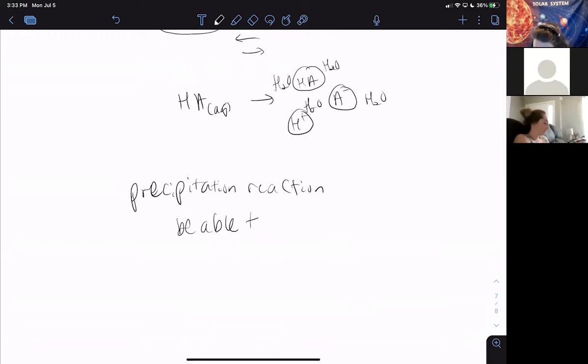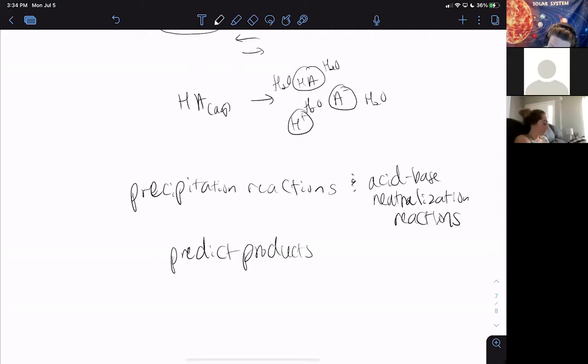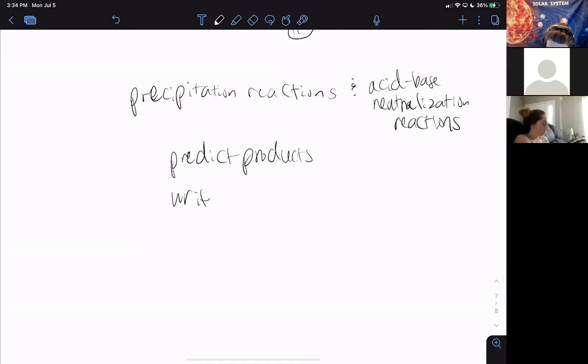So precipitation reactions and acid-base neutralization reactions. For both of these types of reactions, you should be able to predict the products. You should be able to, as such, write the balanced chemical equation.